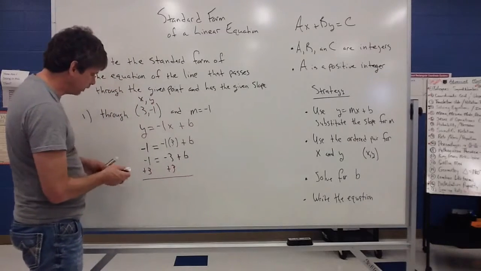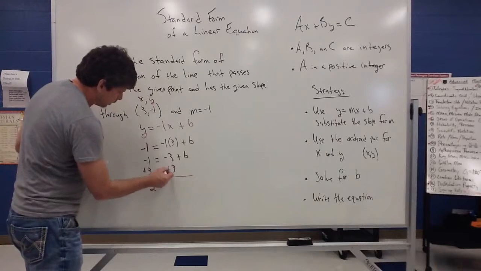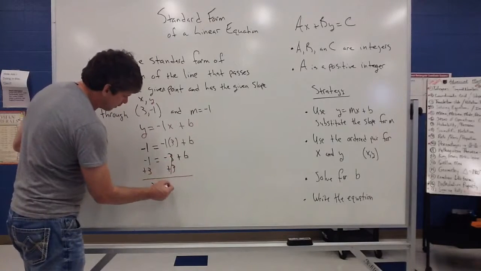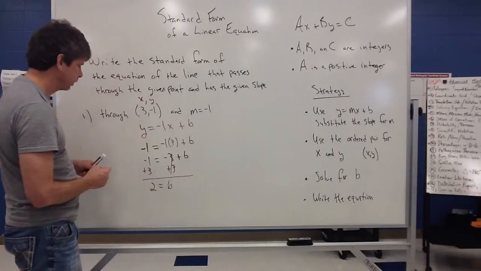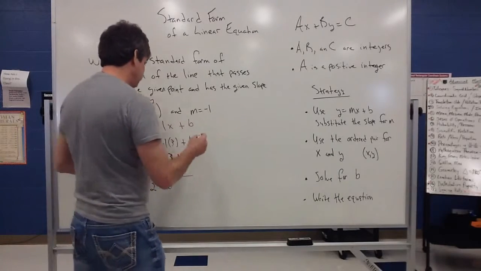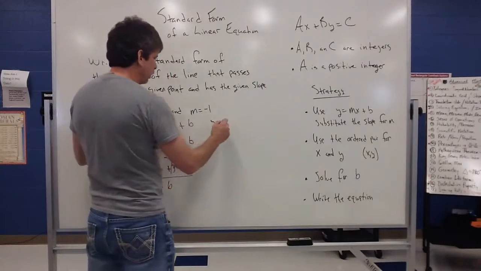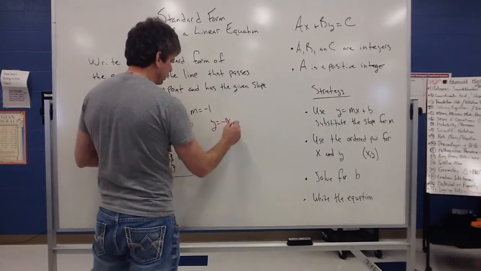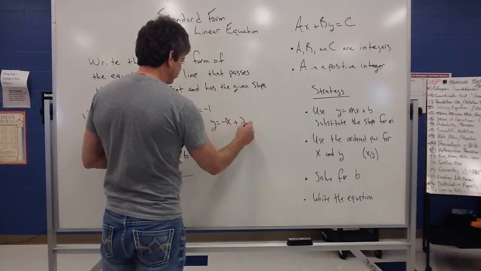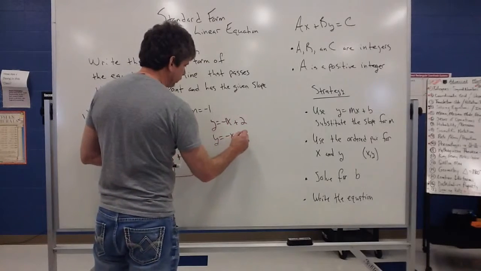We can see that -1 plus 3 is going to become a 2. The -3 and 3 will zero out, and I have my value for b. So what I end up with is my equation: y equals -1x plus 2, or y equals -x plus 2.